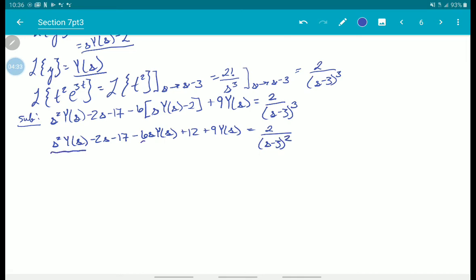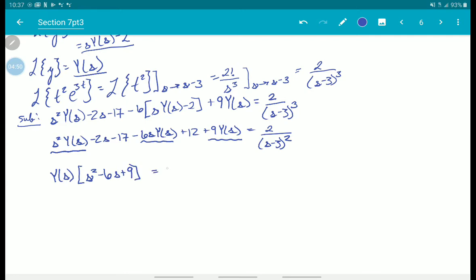So I'm going to group these terms together. Notice all three of those have that y of s in common. So I'm going to go ahead and factor that out. And when I do, that's going to be left with s squared minus 6s plus 9.